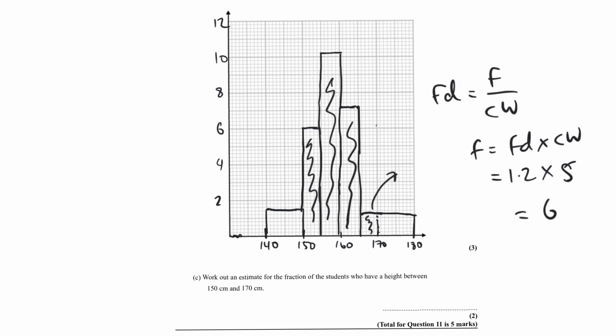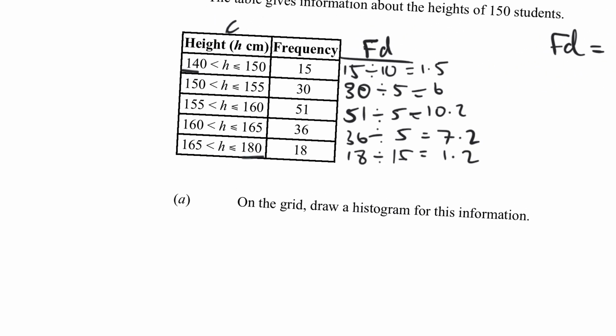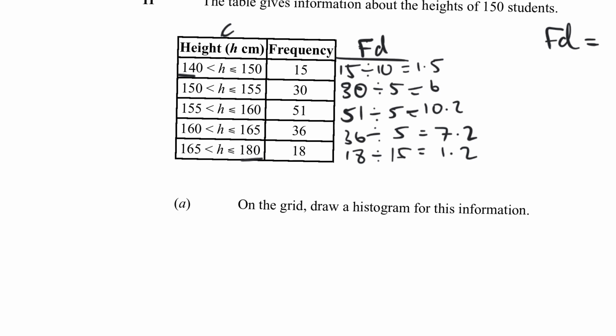Now for the other bars, we're working out from these bars. Their frequencies are here. So add up in your calculator 30 plus 51 plus 36. That should leave you with an answer of 117.